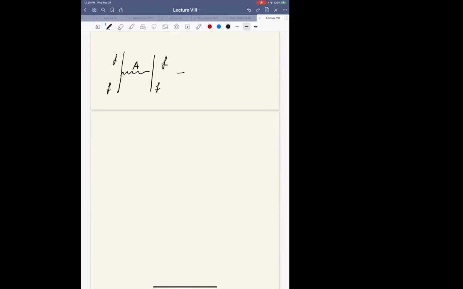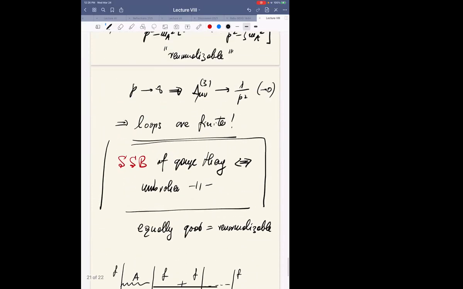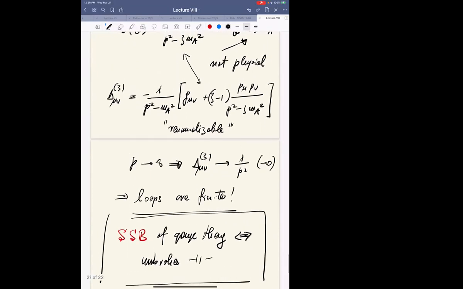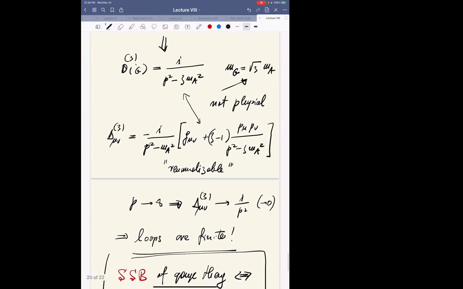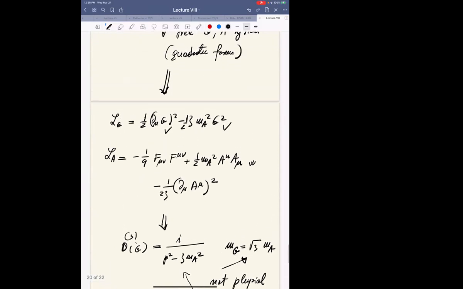You have to introduce not just A, you must always keep G, and you will see, I will convince you, that A plus G is independent of C. To be proven. It's very similar to the calculation in QED. It's not a big deal. You shouldn't be surprised. You've experienced this before.